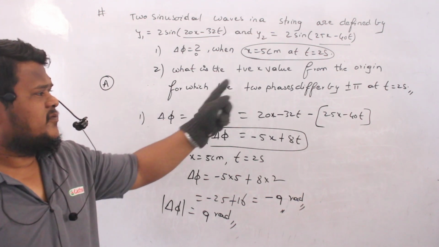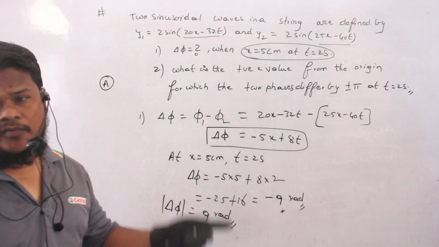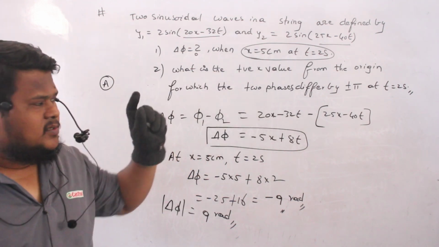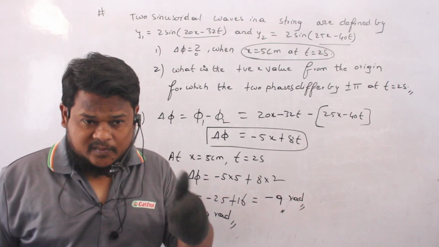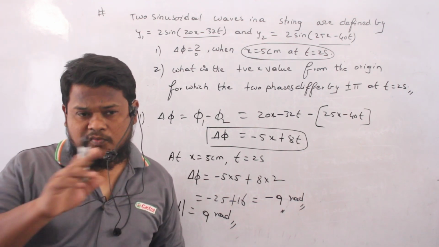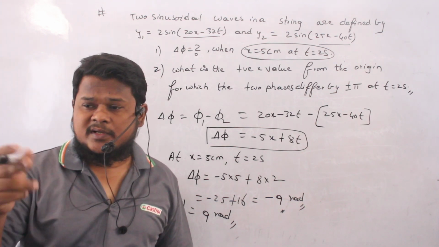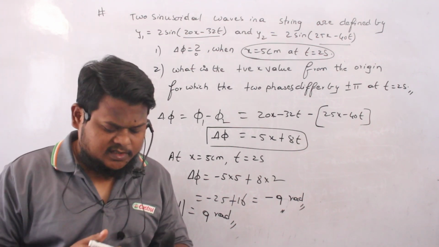What is the positive value of x from the origin for which the two phases differ by plus or minus pi at t is equal to 2 seconds? Clear now? After 2 seconds, what is the phase difference between both of them? That I want to calculate. What is meant by plus or minus pi?